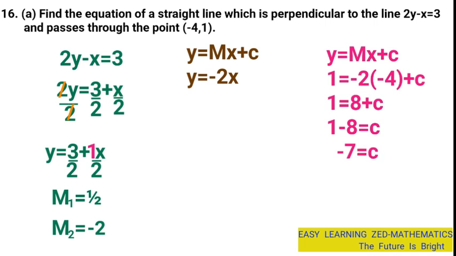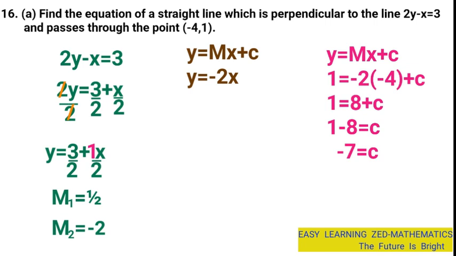Now we can go and put the value of c there, in the equation we have written in the middle here in brown. We have found already the value of c, which is negative 7. What we want to come up with is an equation that is perpendicular to the equation 2y minus x is equal to 3.